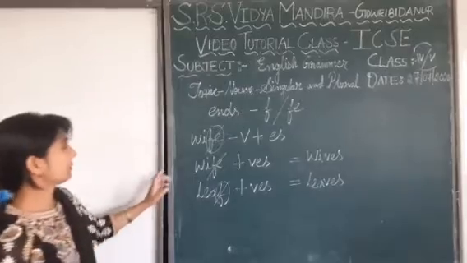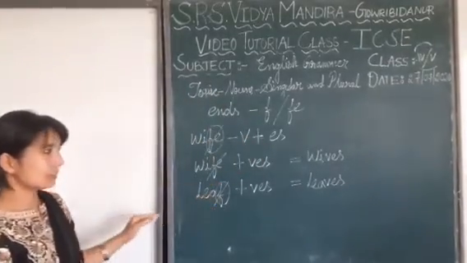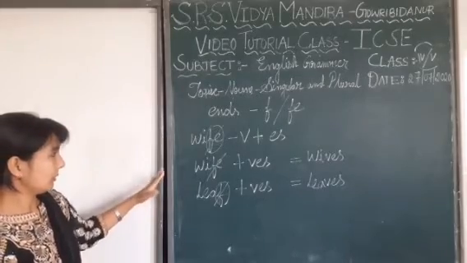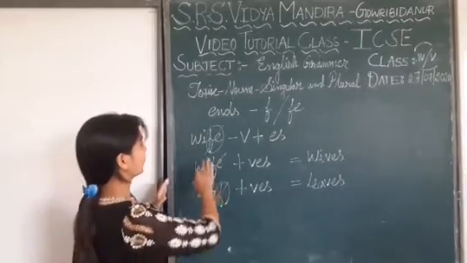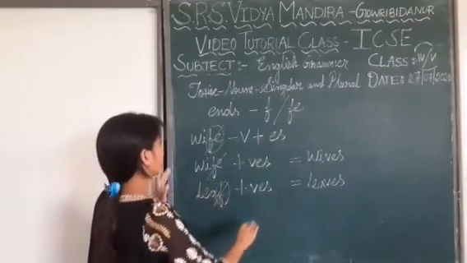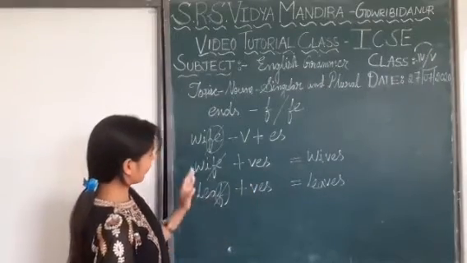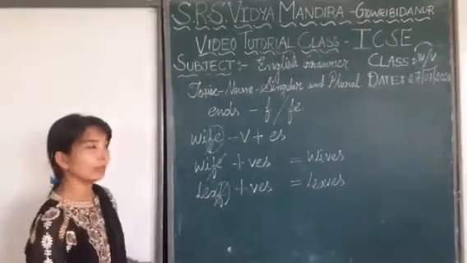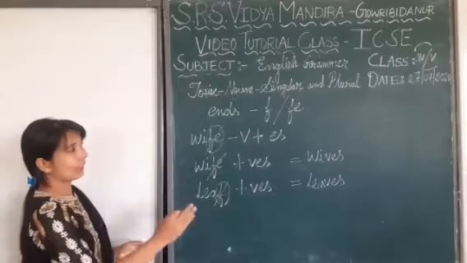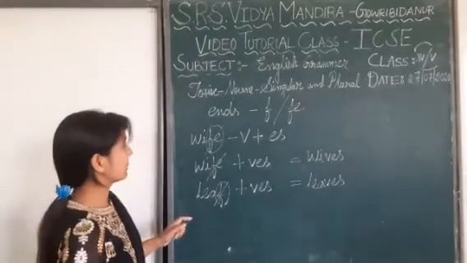So these are the words ending with F or FE changing into the plural form of the noun. Which one is easier for you? Change F or FE into V plus ES, or cut the FE plus VES. You can use both.